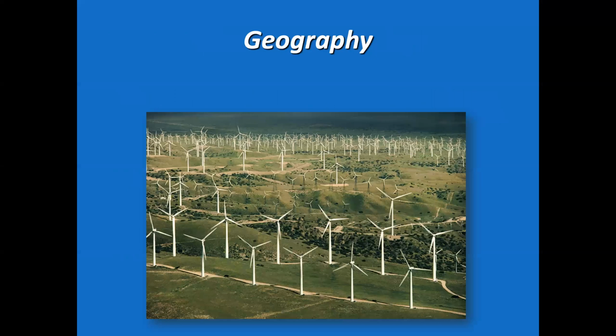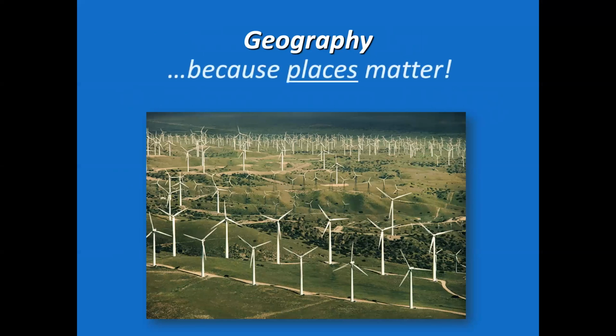Okay. Geography, and think about the idea of places mattering. This is something that my boss, a long time ago, sort of inculcated into me and into anyone that worked for him. The idea is that you make decisions based on location all the time, whether it be where you go to live, where you go to school, where you buy a house, where you go on vacation.